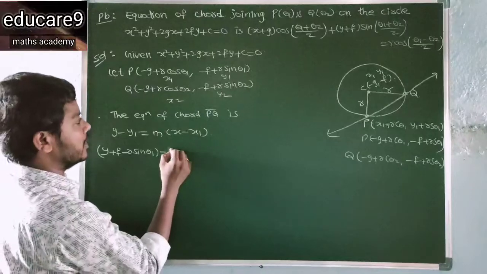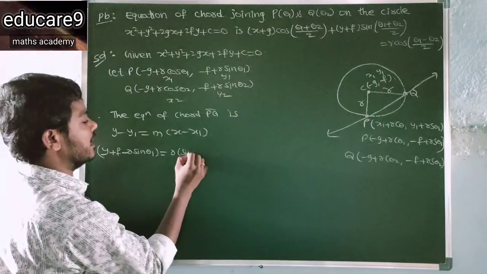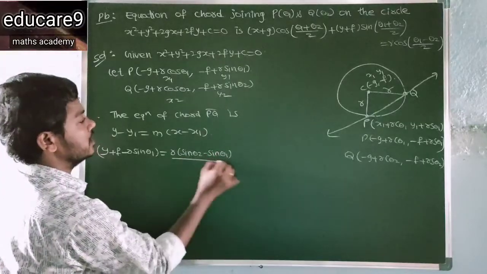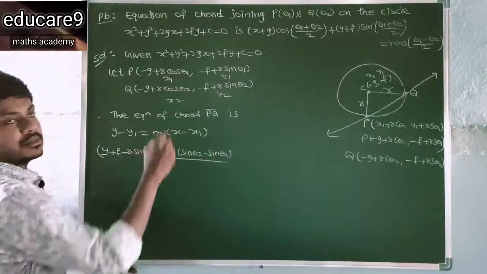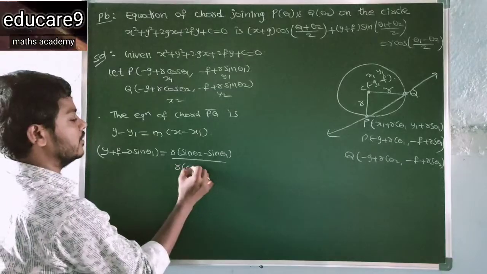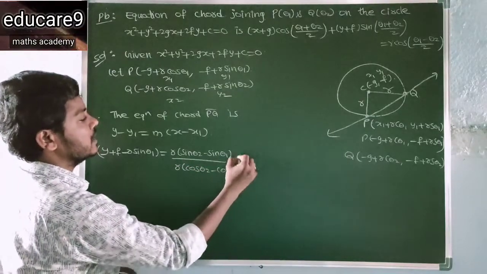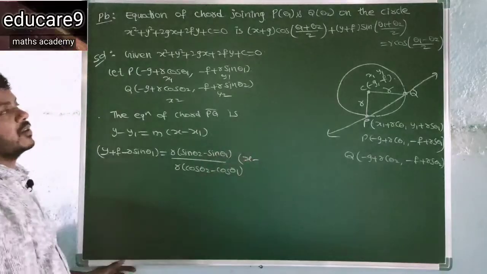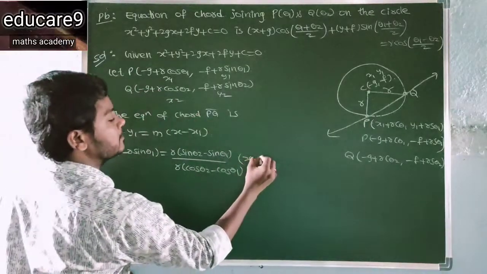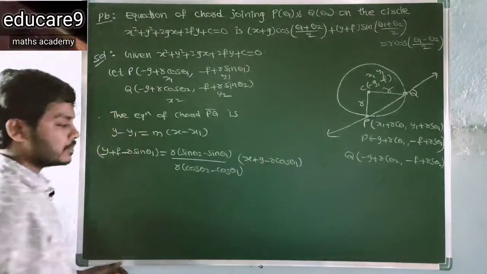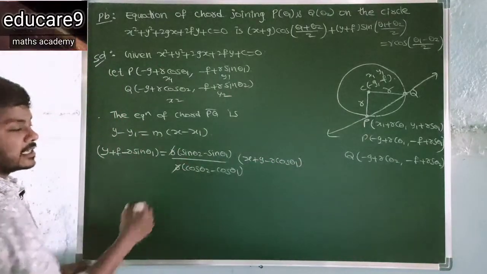Here r is common, we will get sin theta 2 minus sin theta 1, divided by r common, cos theta 2 minus cos theta 1, into x minus x1, that is x plus g minus r cos theta 1. Here r gets cancelled.